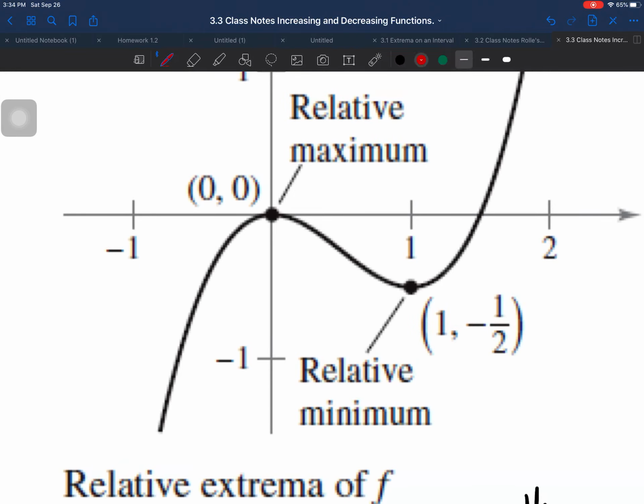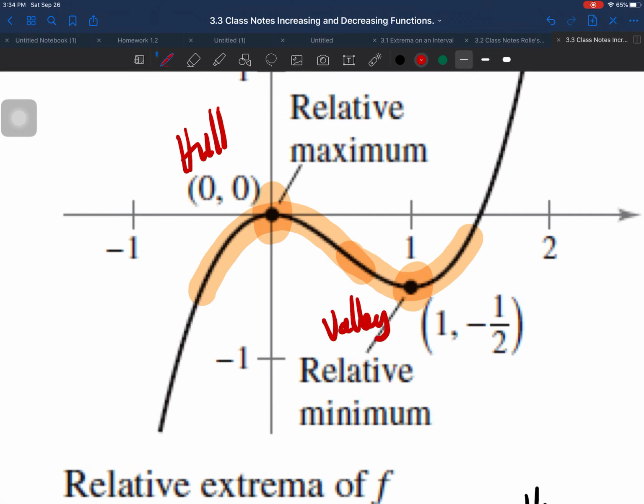Remember that we said last time a relative max happens when you have a hill. Or whenever you have a valley, that is the minimum value relative to its surroundings. So a relative max is a maximum value relative to its surroundings. Hill versus valley, right?